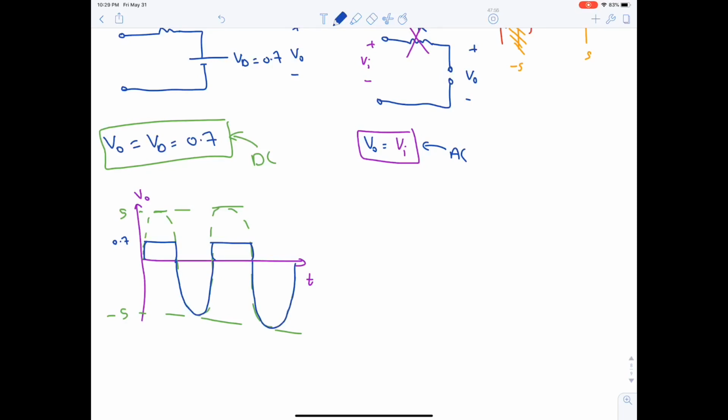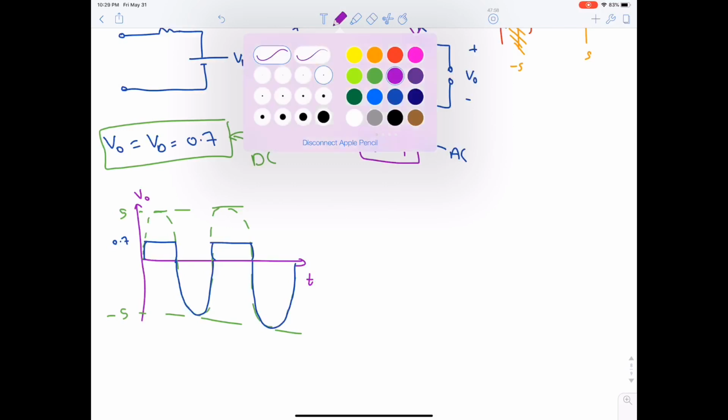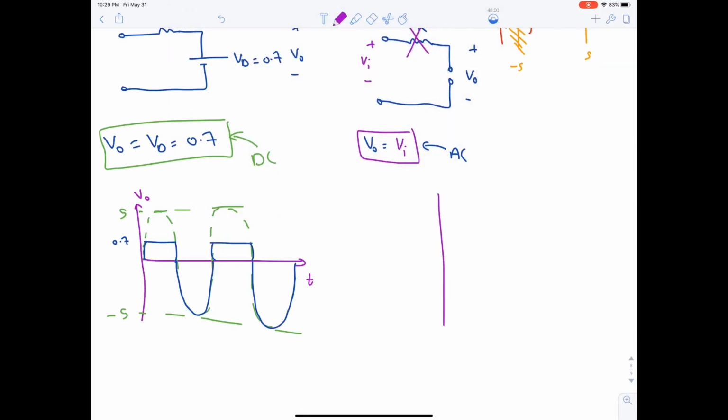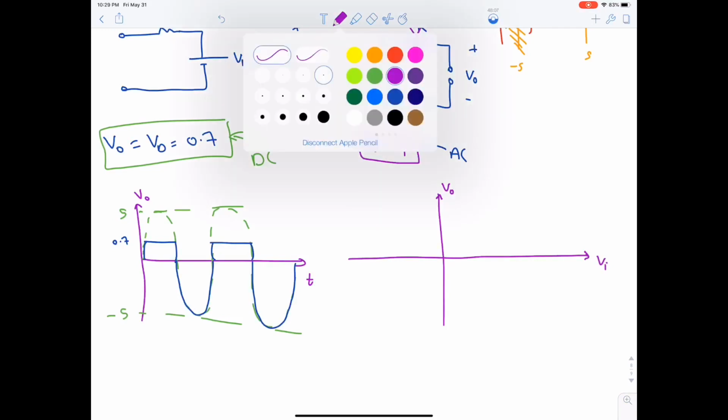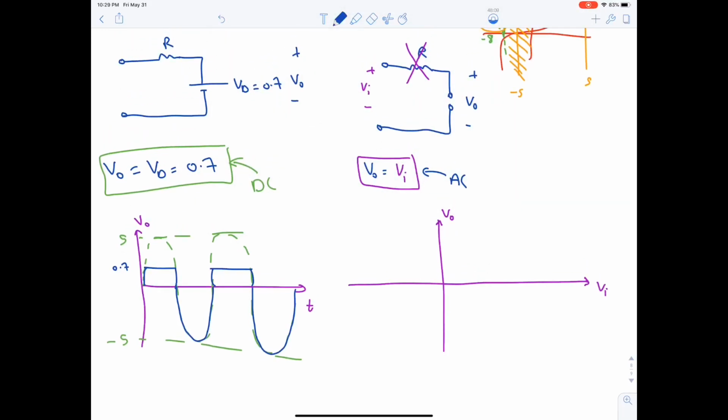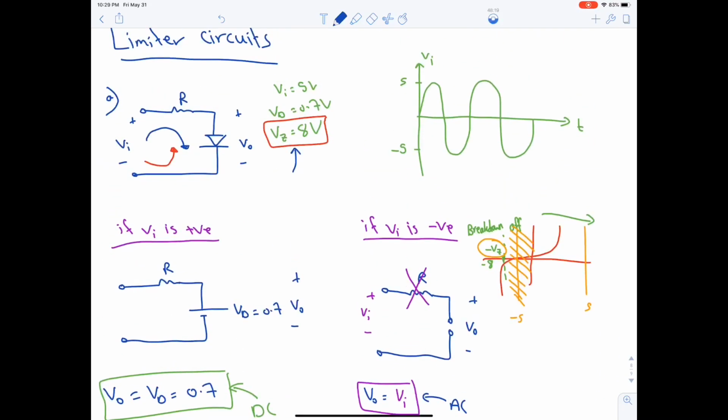Simple. Now let's draw the transfer characteristic, V output across V input. If VI is positive, then we have 0.7. Whenever you have a number, you need to put the number on both the x-axis and the y-axis. Reason being, when will the diode be on? The diode will be on only if VI is greater than 0.7.